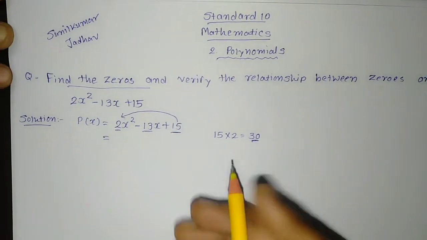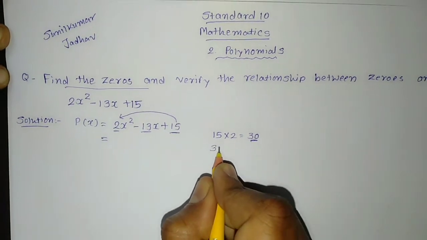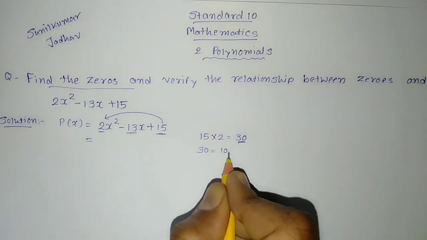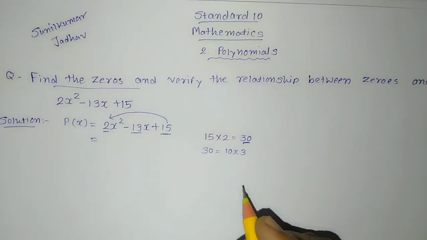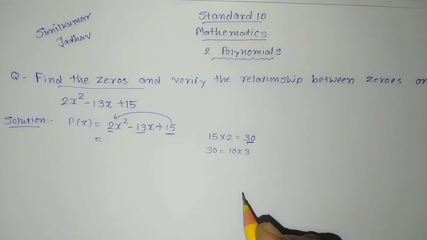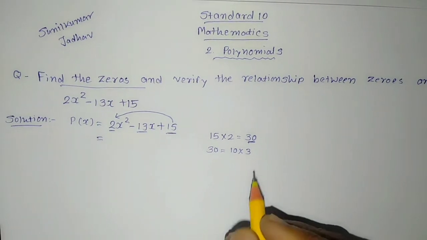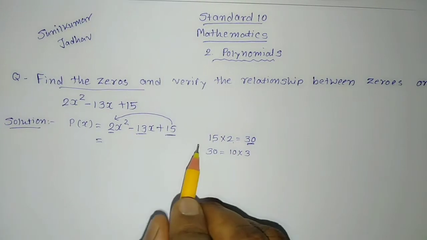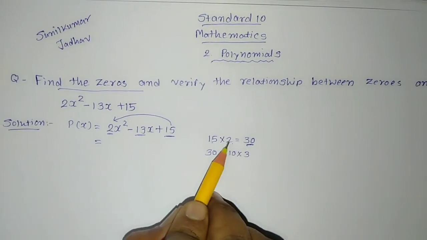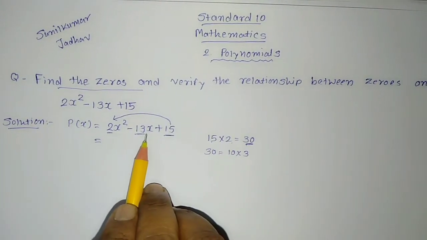So the factors of 30 must be, we know that it would be 10 3s, it would be 15 2s. Now normally what mistake students do, that they are taking this factor 15 into 2. As you can see, it is 13, so 15 minus 2 they are doing and bringing the answer 13.